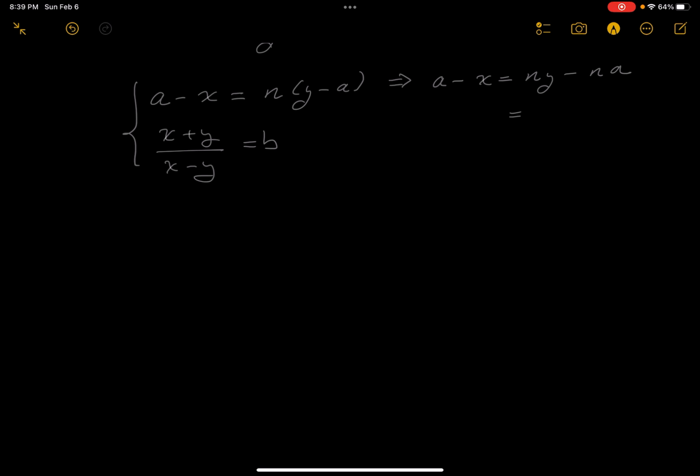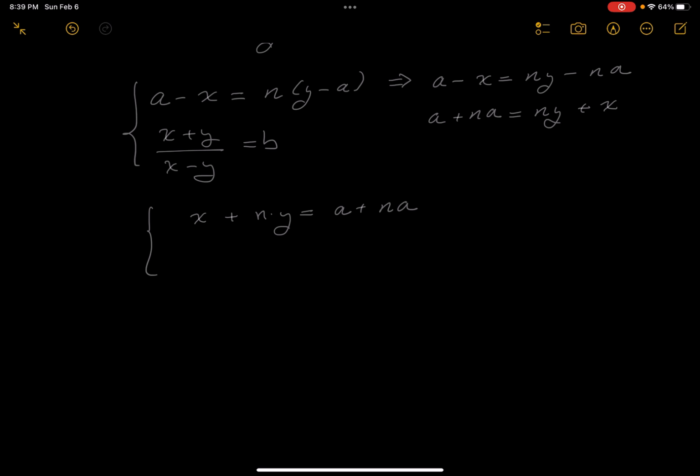I can write this as ny plus x equals a plus na. I'm going to rearrange it again so it looks more like x, y equals a number. So x plus ny equals a plus na.